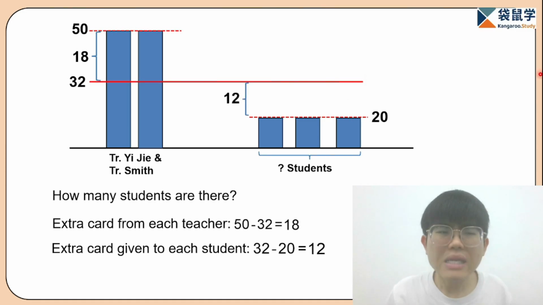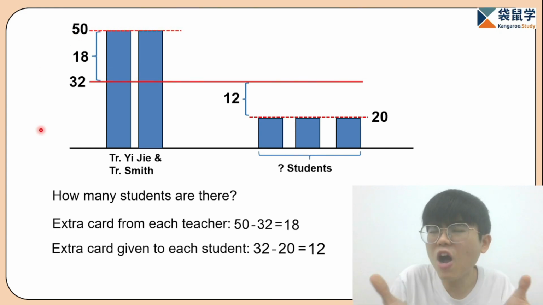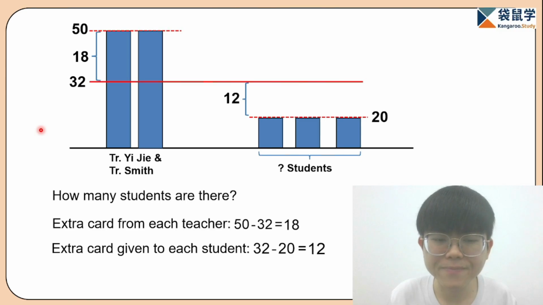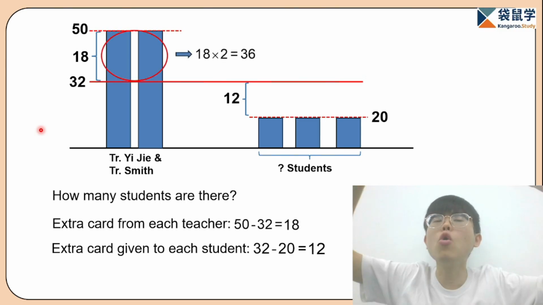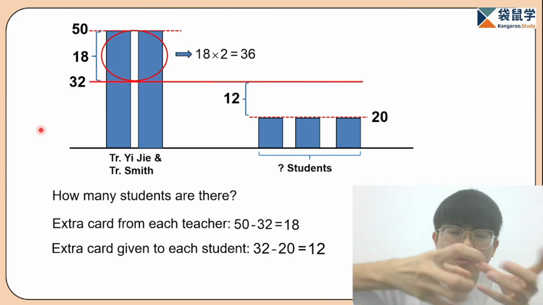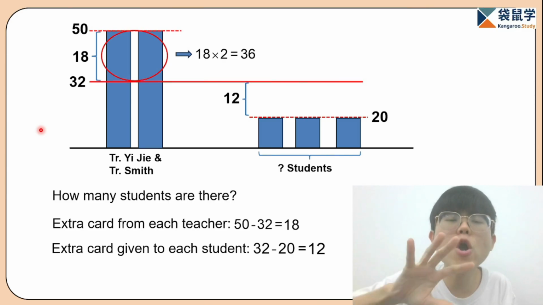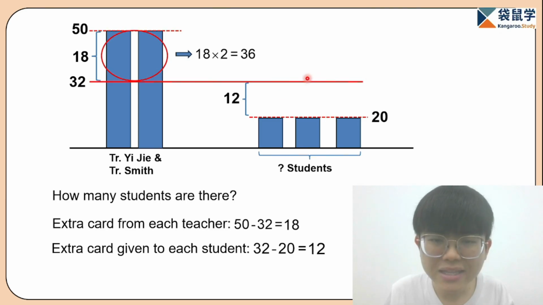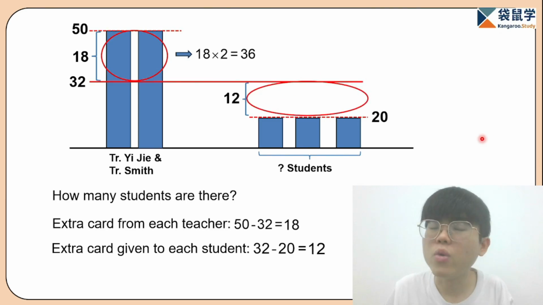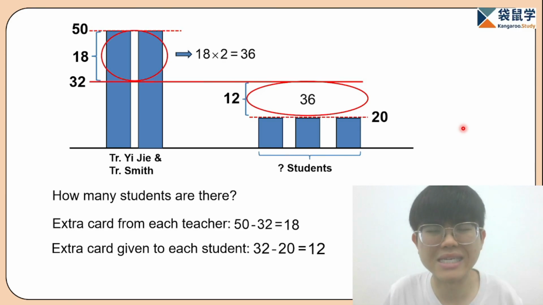Now everyone, in this question, each teacher has to give 18 reward cards. But in total, how many reward cards are being given here? It is 18 times 2, a total of 36 they have to take from the teachers. Which means that these 36 reward cards will be given to the students. So this part right here will also be 36 cards.